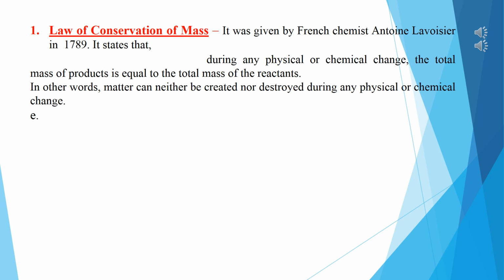For example, in the formation of carbon dioxide from carbon and oxygen, here the gram atomic weight of carbon is 12 gram and the molecular weight of oxygen is 32 gram.